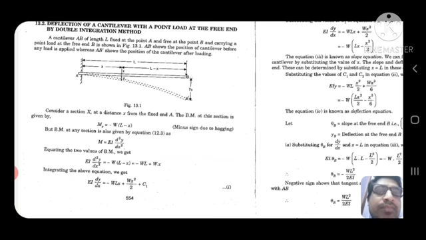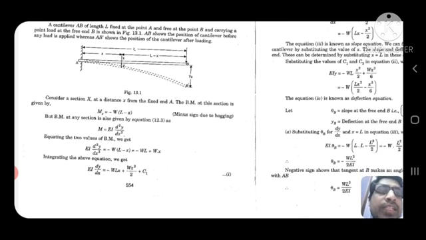Deflection of a cantilever with a point load at the free end by the double integration method. A cantilever AB of length L is fixed at point A and free at point B, carrying a point load W at the free end B, as shown in the figure.